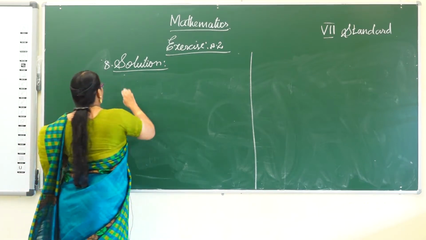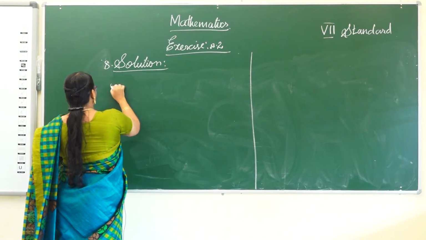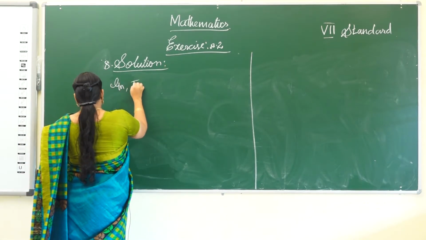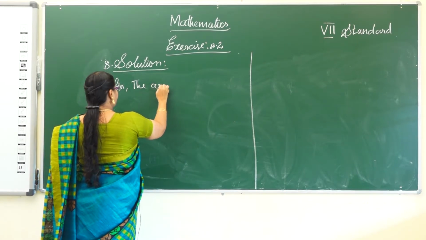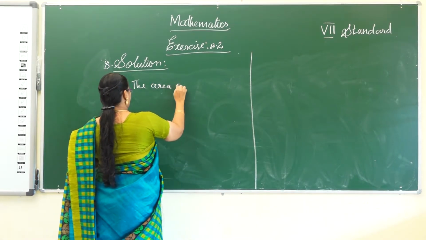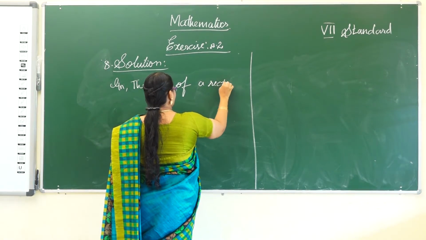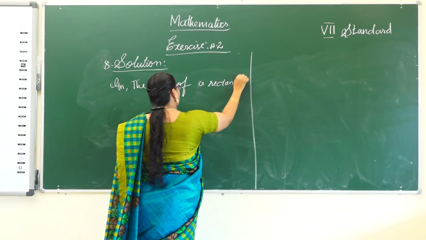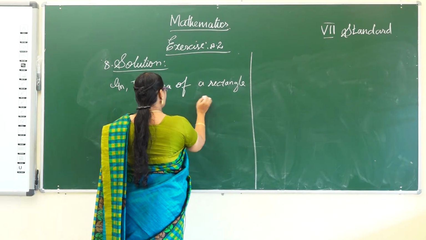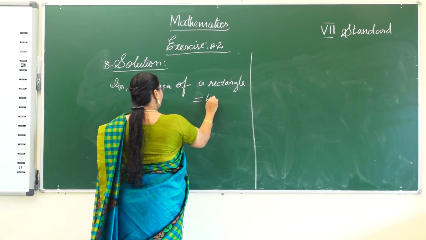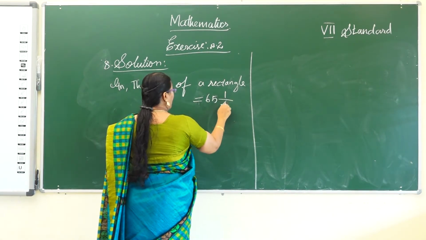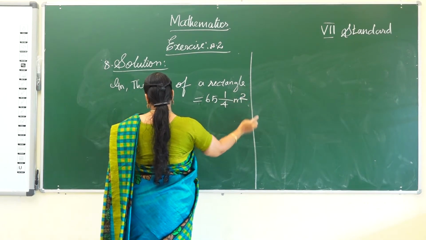See, given the area of a rectangle is equal to 65 1 by 4 meter square.